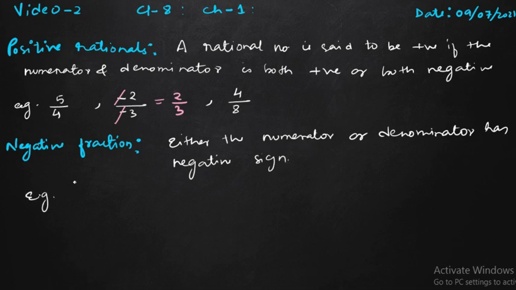Okay, so if we see some examples, minus 8 by 23. Here the numerator has a negative sign. Suppose 4 by minus 15. Here the denominator has the negative sign. So this type of fractions are known as negative fractions.